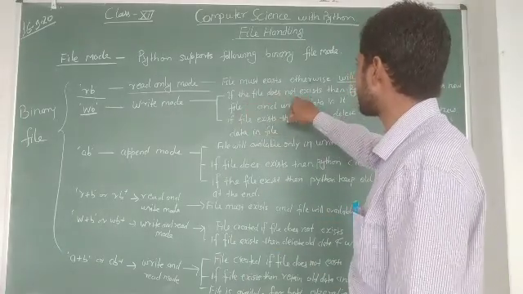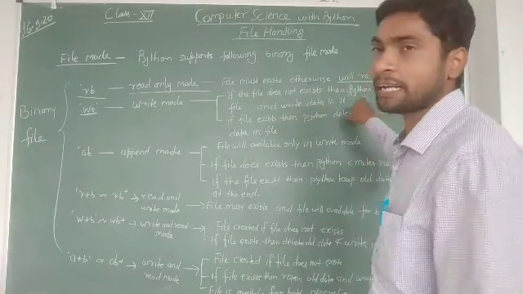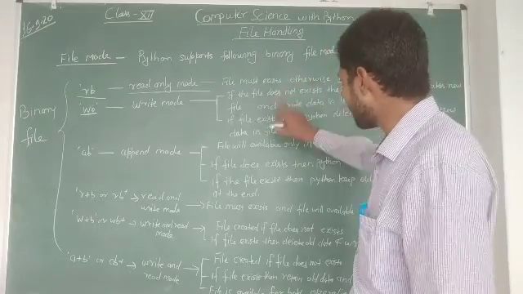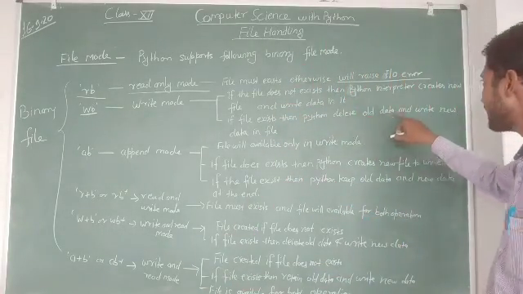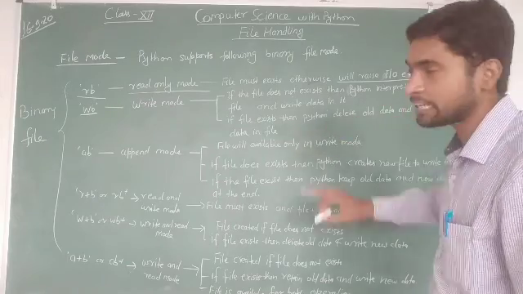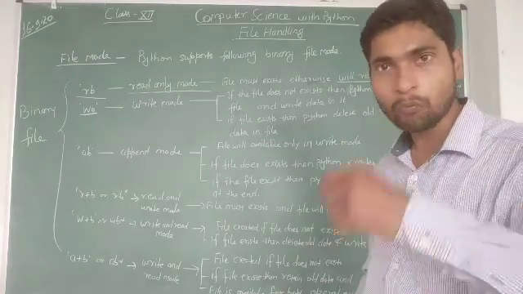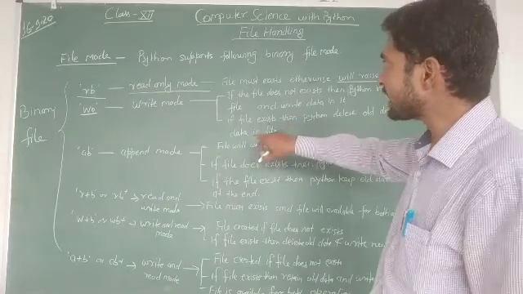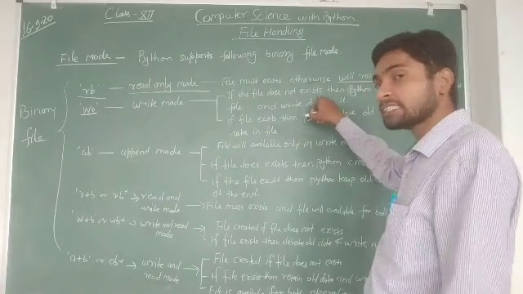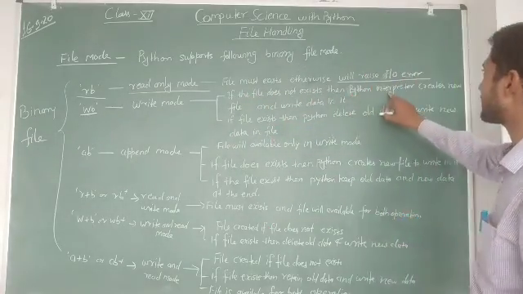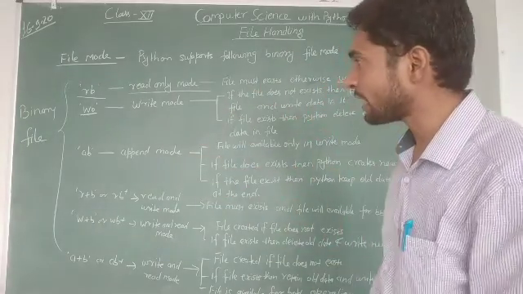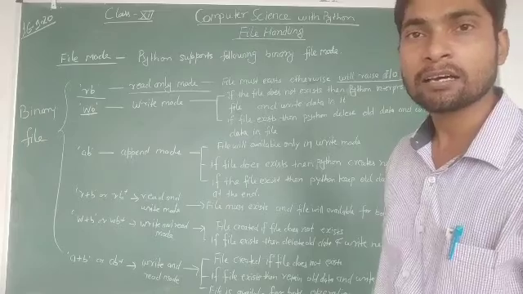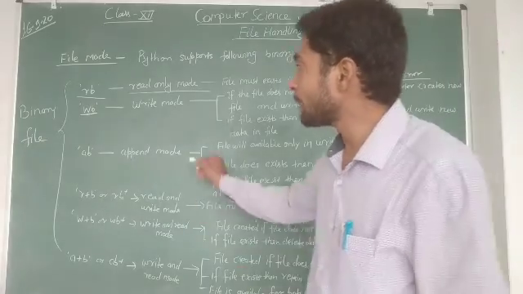If the file exists, then the Python interpreter deletes the old data from the file and writes the new data in the file. I mean overwrite. Second case, if the file does not exist, in this case, the Python interpreter creates a new file and writes the data in it.